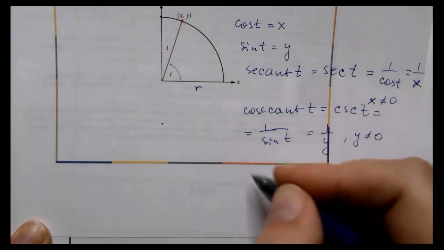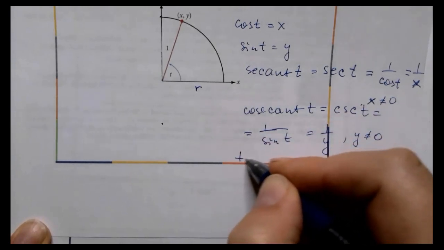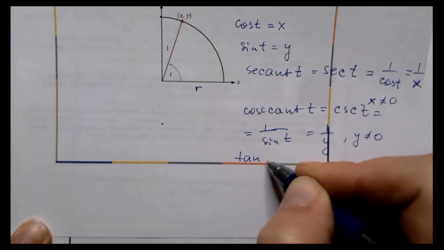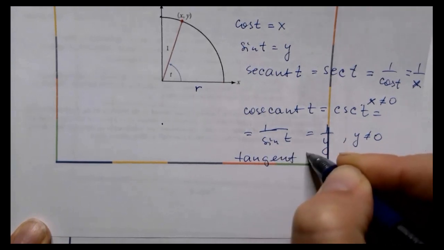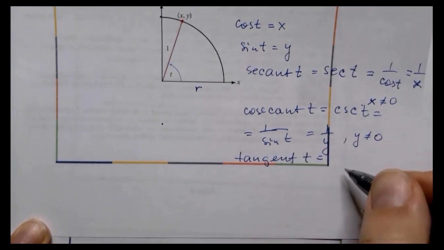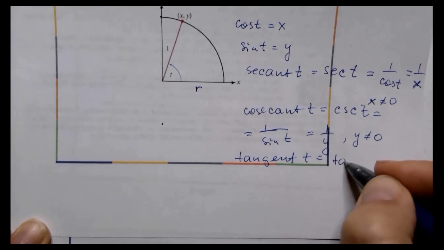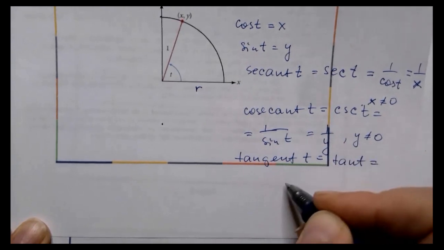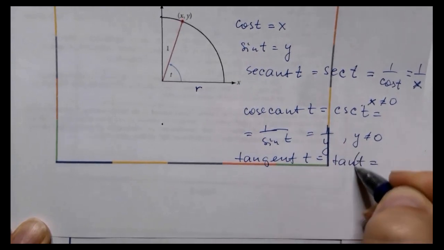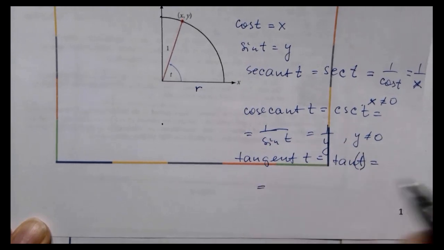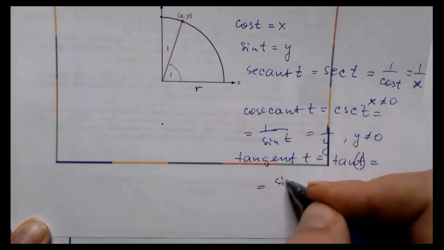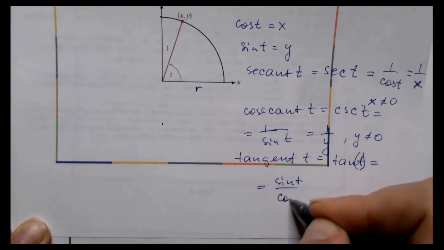The next function that we want to talk about is tangent t, tan t for short, and tangent t is sine over cosine.